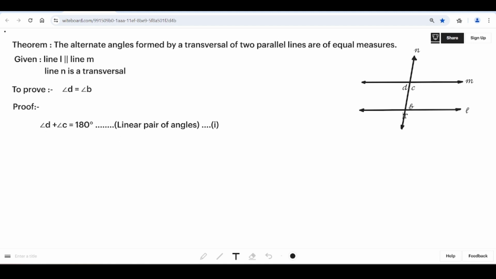Now secondly, as we have seen the interior angles theorem, here the interior angles are C and B. Therefore their sum is also 180 degrees. Therefore we can write angle C plus angle B is also equal to 180 degrees.